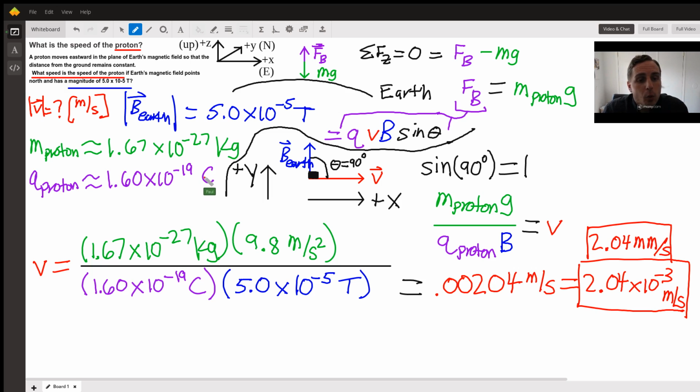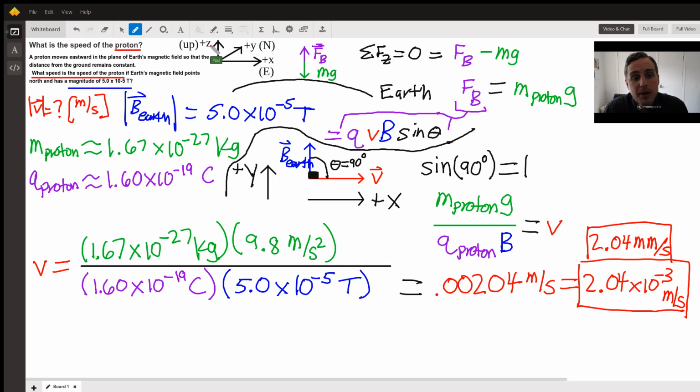Well, we need to set up a coordinate system. If the charge is moving eastward, let's call that the positive x direction. If the charge has a northward Earth magnetic field impinging upon it, that is, the Earth's magnetic field is pointing in the positive y direction. The x direction is the direction of the proton movement, but the y direction is the direction of Earth's magnetic field.